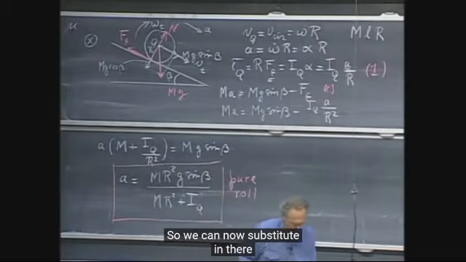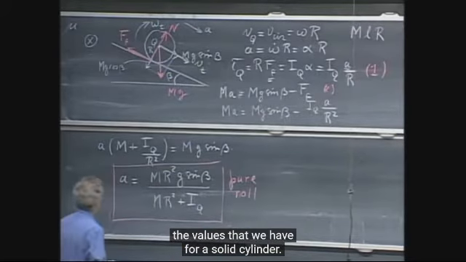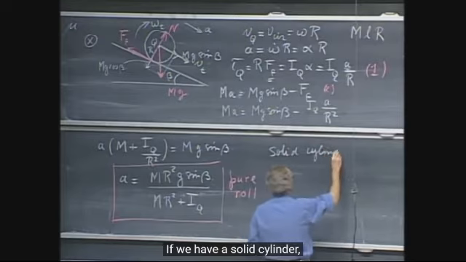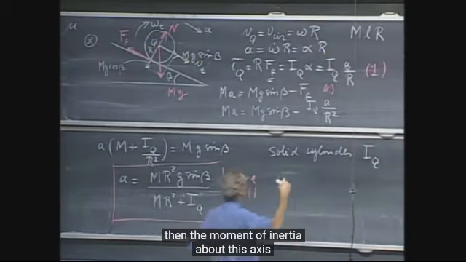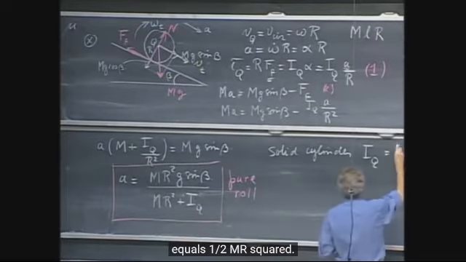So we can now substitute in there the values that we have for a solid cylinder. If we have a solid cylinder, then the moment of inertia about this axis through the center of mass, which I've called Q, equals 1/2 mr squared.